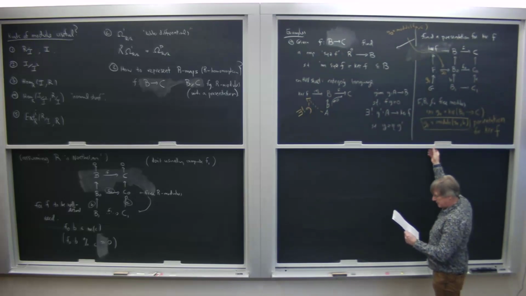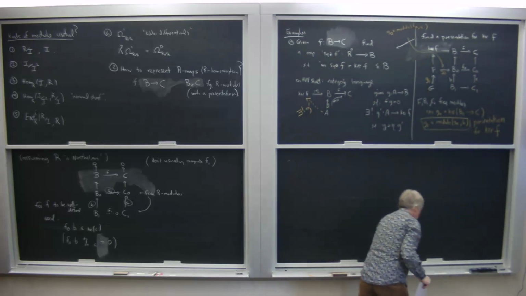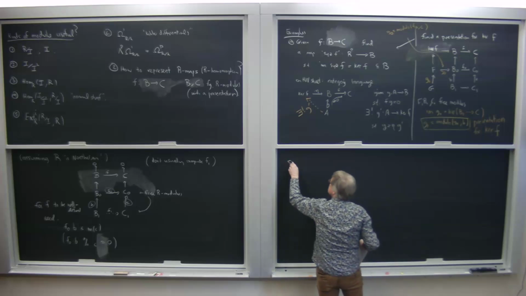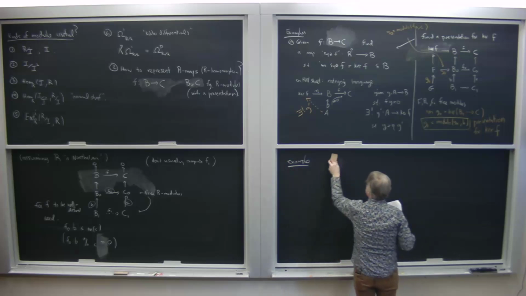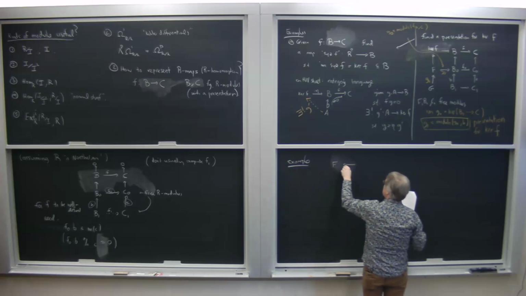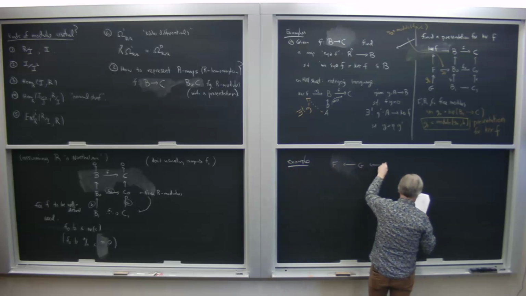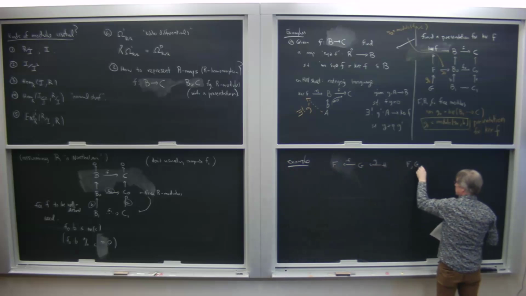Let's do one more example of this, because this one comes up a lot. Suppose I have R to the A. Let's not use it that way. Let's just call these free modules. I have F, G, and H. F, G, and H are free modules.